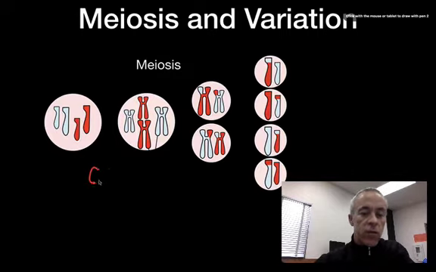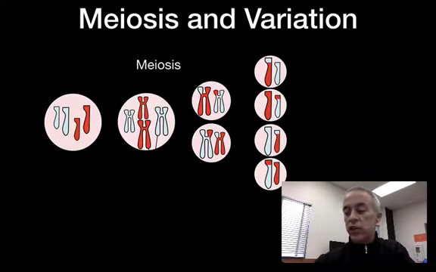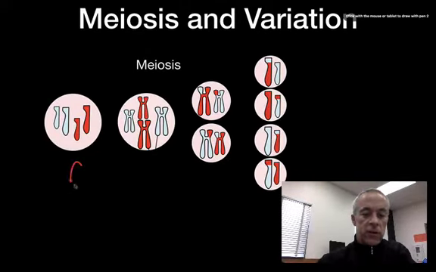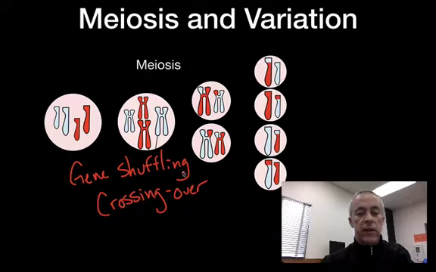Crossing over is sometimes referred to as gene shuffling. Gene shuffling and crossing over are basically the same thing. Again, here are these two chromosomes.